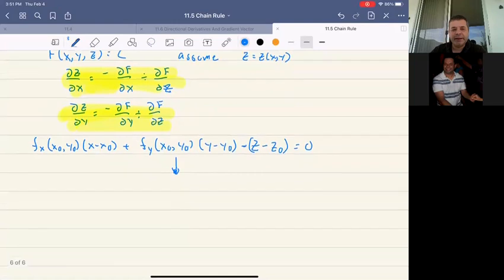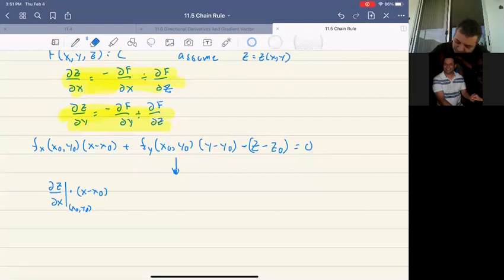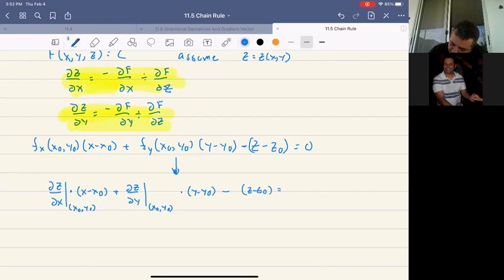Instead of f sub x, we're going to have partial of z with respect to x times x minus x0. This is of course taken at some x0, y0. Plus partial of z with respect to y taken at some x0, y0, times y minus y0, minus z minus z0 equals 0.